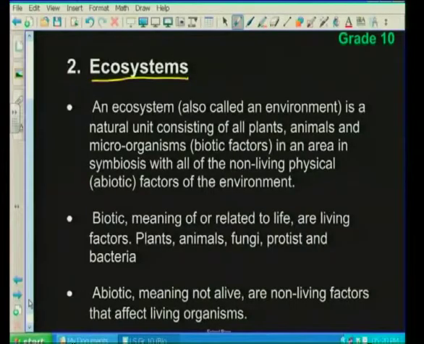Now, what is an ecosystem? All right. You can also say an ecosystem is an environment because it's a habitat. See, all these words are related: ecosystem, habitat, environment, because it is a natural unit. Now, a biosphere was also a unit, but a biome was also a large unit.